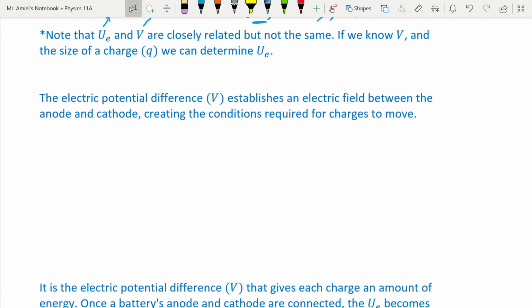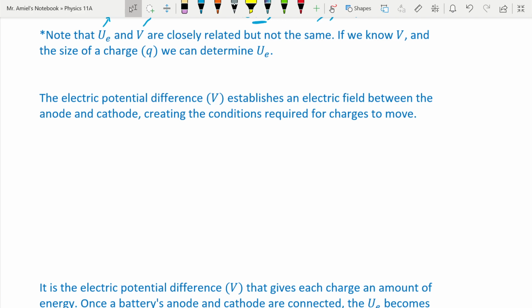Okay, so last time we talked about that the electric potential difference, this voltage, is what establishes an electric field between the anode and the cathode, creating the conditions required for charge to move. So we had that waterfall analogy last time and said that water is not going to move unless there's a change in height, and we said that current or charge is not going to flow unless we have a change in electric potential.